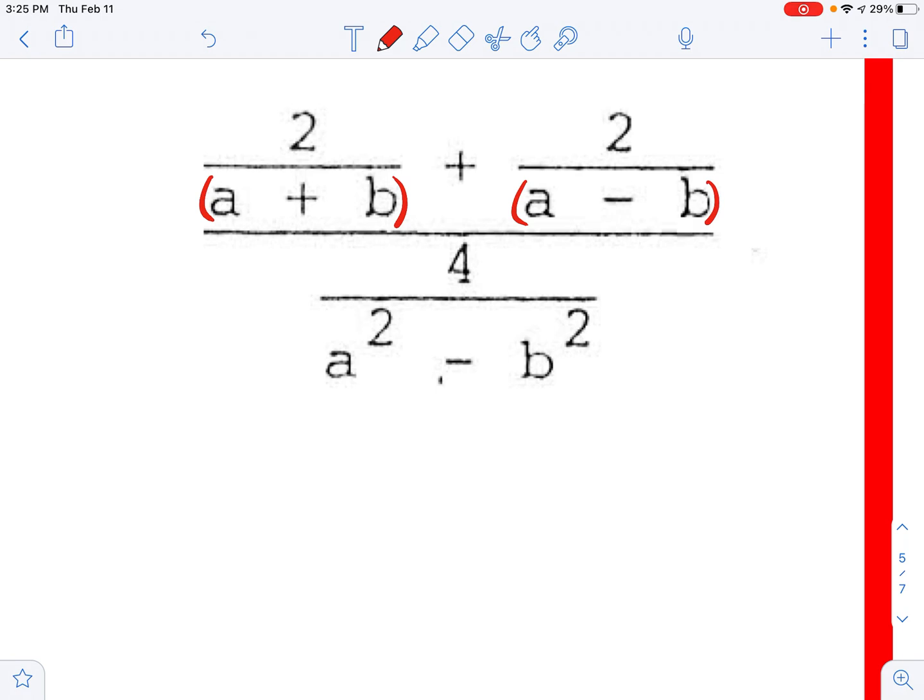If this is the case, it should be our first instinct to factor anything that is possible, because that is going to help us find our least common denominator. So a squared minus b squared, although different from what we've typically looked at, actually factors to a plus b, a minus b. Okay, so we're replacing this denominator with this new factored form.